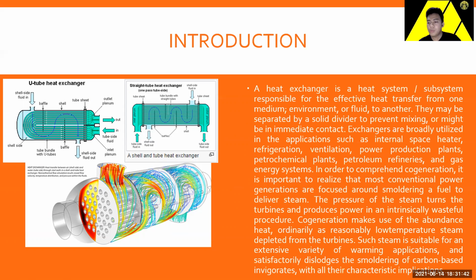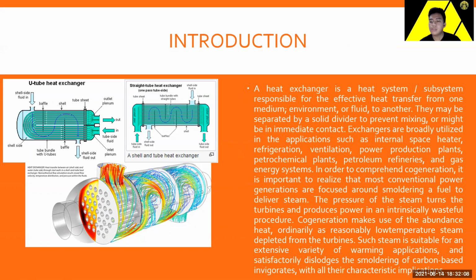In order to comprehend cogeneration, it is important to realize that most conventional power generation is focused on burning a fuel to deliver steam. The pressure of the steam turns the turbines and produces power in an inherently wasteful procedure.